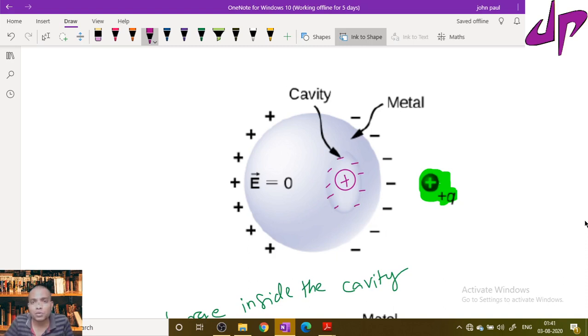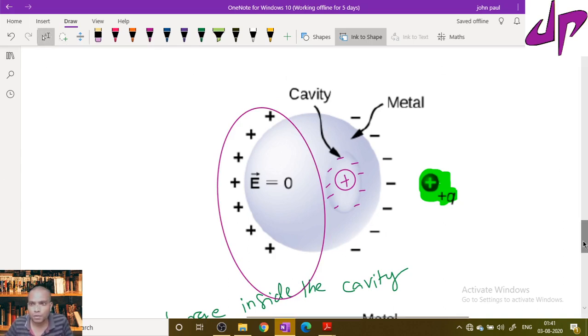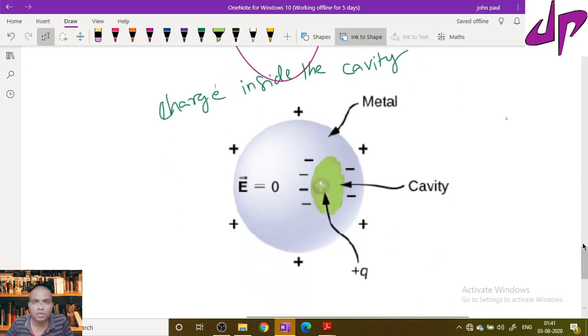Then what does the positive charge do? It will distribute uniformly throughout the metal surface.